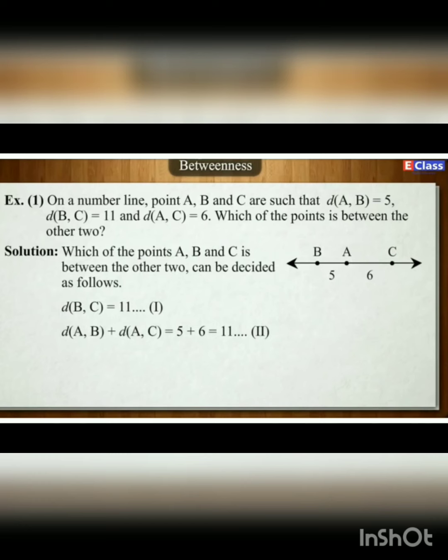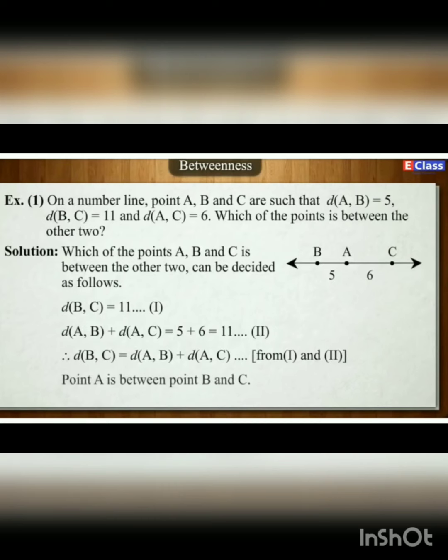Let us mark this equation as 2. Therefore, distance of BC is equal to distance of AB plus distance of AC, from equations 1 and 2. Point A is between points B and C.